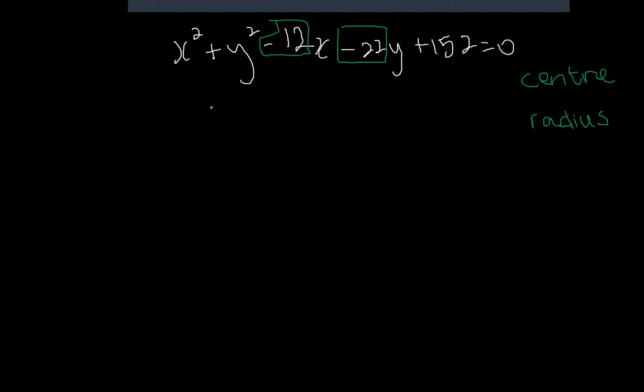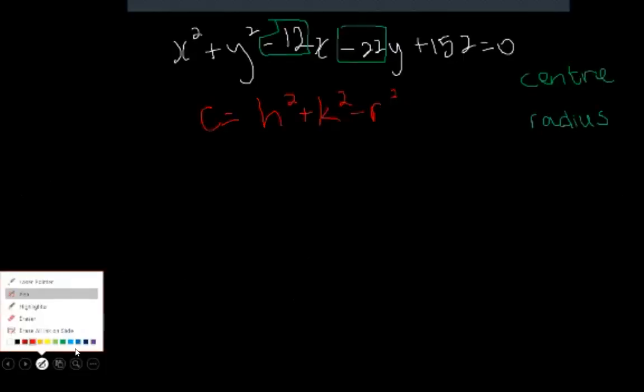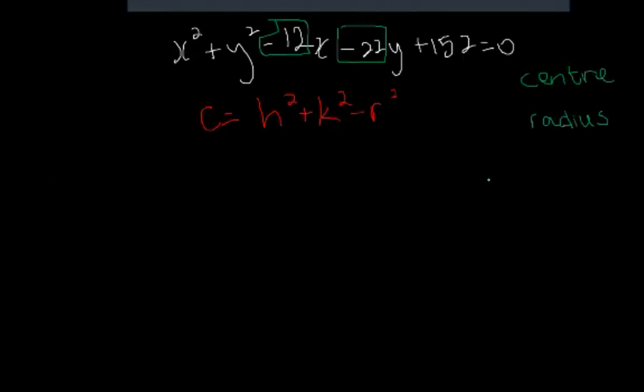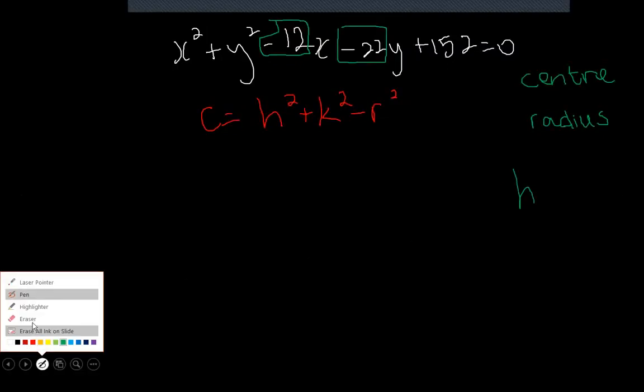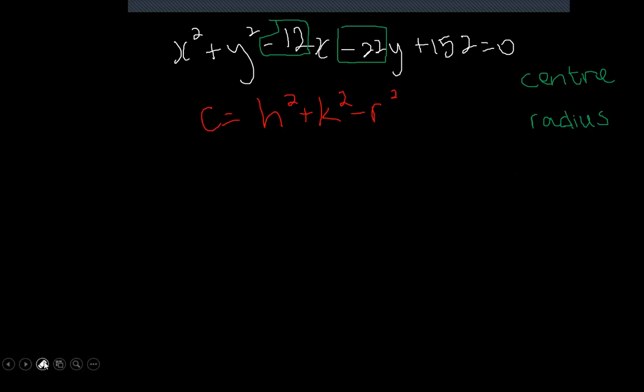Right. So the radius, remember this formula, c is equal to h squared plus k squared minus r squared. Let me just write this here. h was equal to minus 6, not minus h, yeah? h was equal to minus 6.